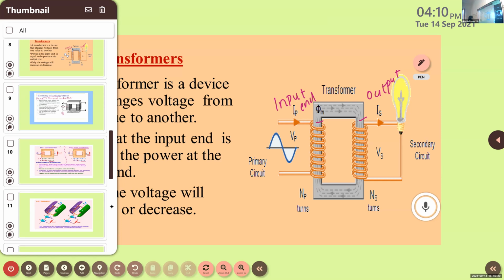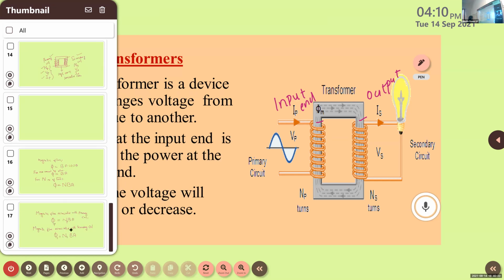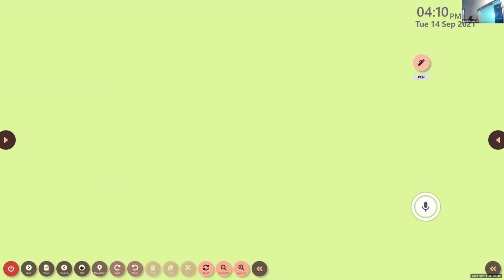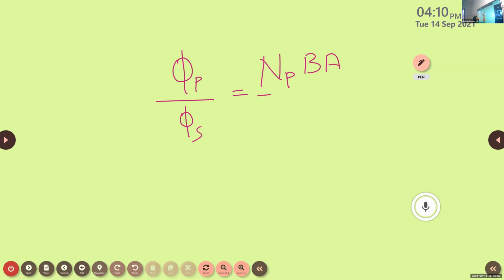Okay. Now take the ratio between this phi P and phi S. Phi P by phi S. The ratio between the magnetic flux due to the primary coil and the magnetic flux due to the secondary coil is given by phi P by phi S is equal to NPBA divided by NSBA.